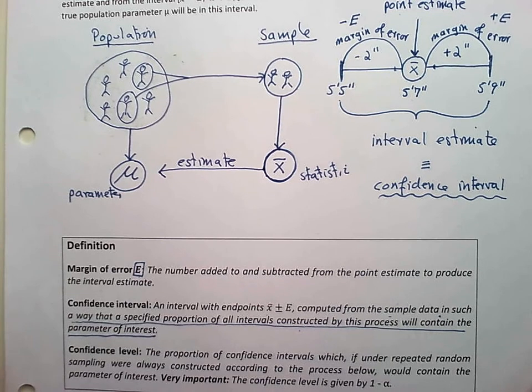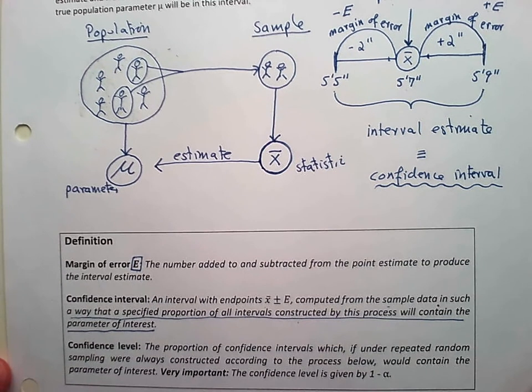Always using a certain process. And here now we also have our confidence level. The confidence level is the proportion of confidence intervals which, if under repeated random sampling were always constructed according to the process below, would contain the parameter of interest.